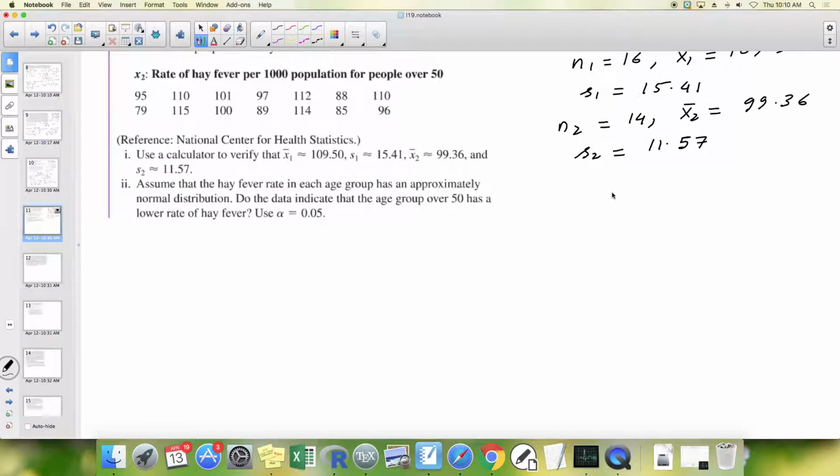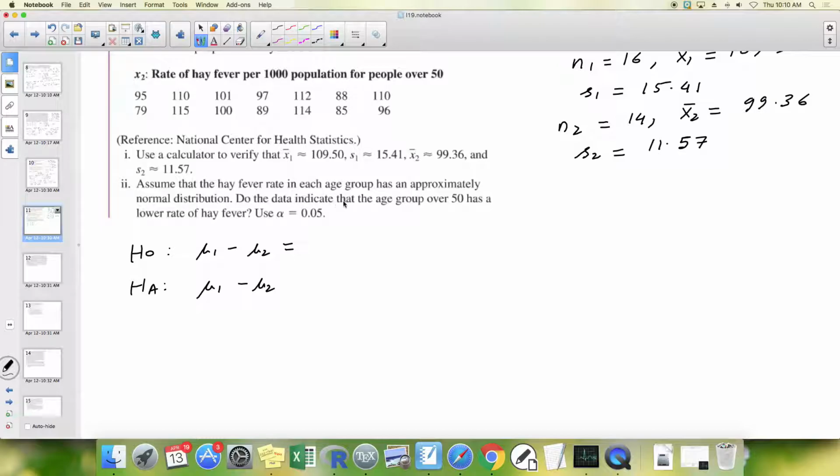First order of business, find H0 and Ha. So mu1 minus mu2 equals something versus mu1 minus mu2. Let's see. So assume that hay fever rate in each group has approximately normal distribution.